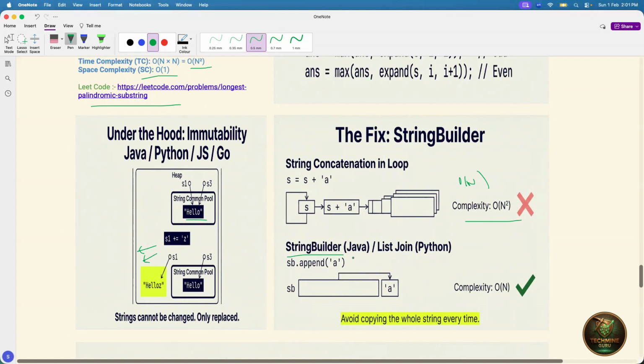StringBuilder internally maintains the same string and keeps adding the characters which you add in a loop. So keep this golden rule in mind: every time you want to append a character to a string, you should use StringBuilder so that it doesn't copy the whole string every time.